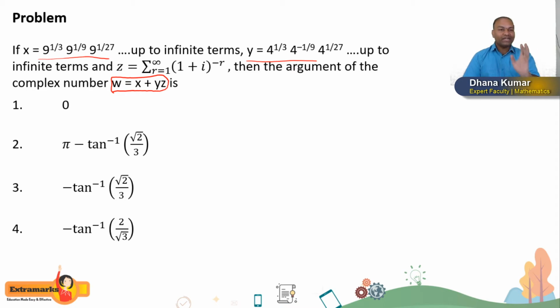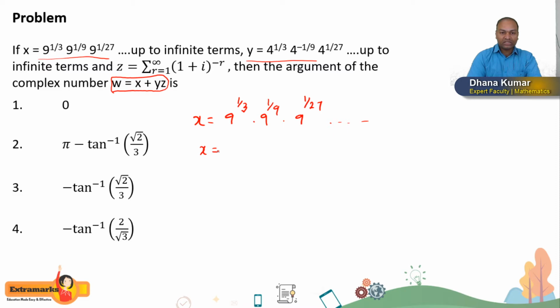So first you find the x value. You observe this one. x is equal to what? 9 power 1 by 3 into 9 power 1 by 9 into 9 power 1 by 27 into so on.